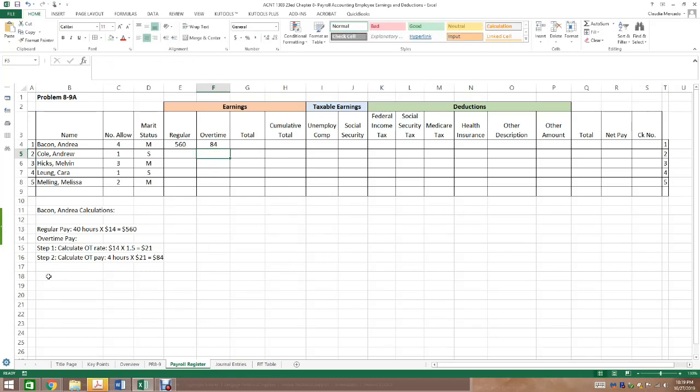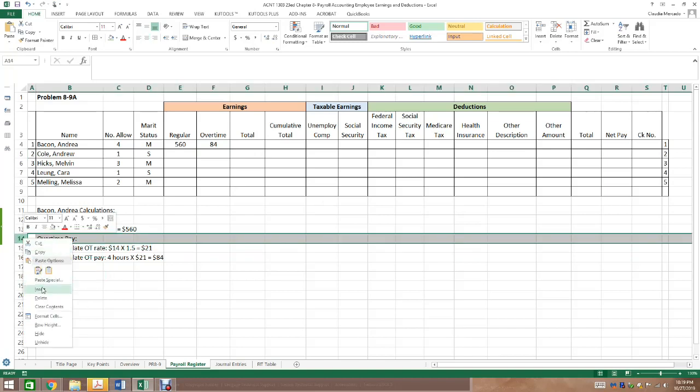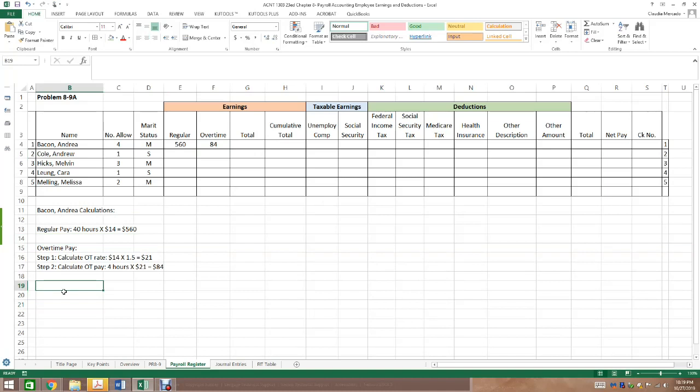Now for your total pay, you're going to get your regular pay plus your overtime pay, which is equal to $560 plus the 84.